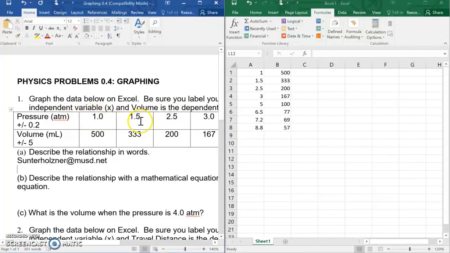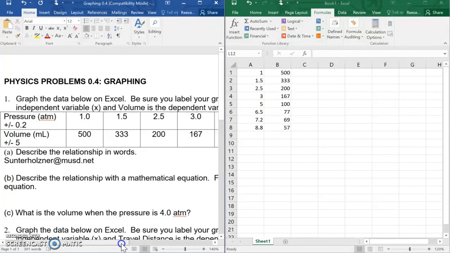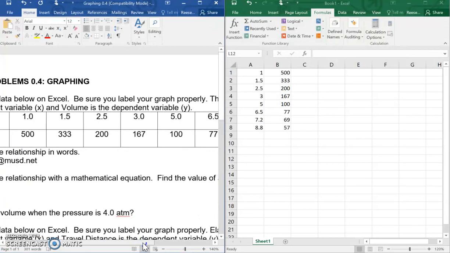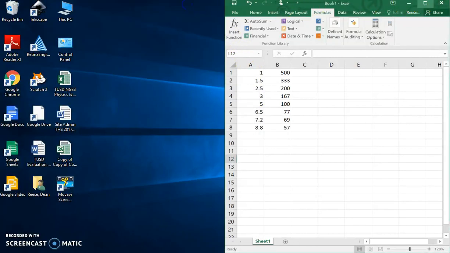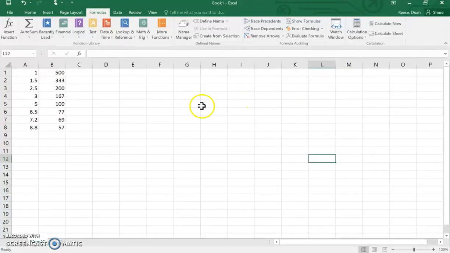All these pressure values are on the x-axis because it's the independent variable. They go in the first column on Excel, like I put them here. And then the volume is the dependent variable, so that's the y, and the y goes in column B. And I put all that data in. Okay, so I'm going to minimize that and maximize this now so we can work in Excel.